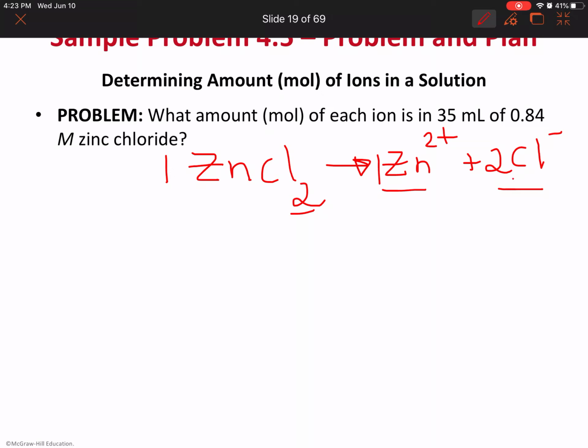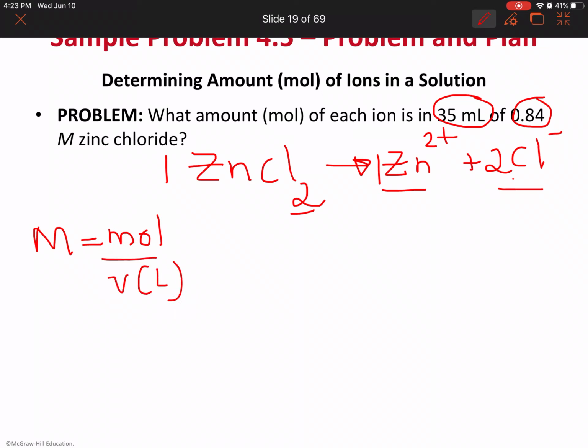So how do we find out the number of moles of zinc chloride? We are given the volume as 35 milliliters, and we are given the molarity. Remember, molarity equals moles over volume in liters. So the number of moles is going to be molarity times the volume in liters.